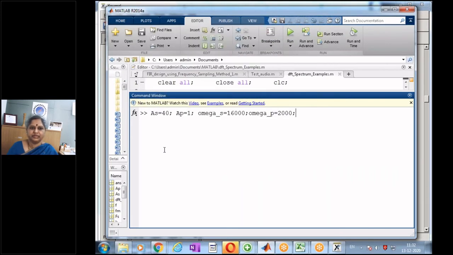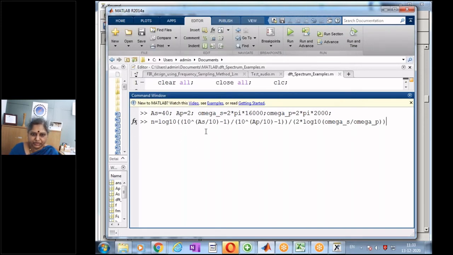I have already typed it in: AS, the stop band attenuation, is 40 dB, and AP, the pass band attenuation, is 2 dB. My omega s is 2 into pi into 16,000, whereas my omega p is 2 into pi into 2,000. Let's substitute and get the value of n.